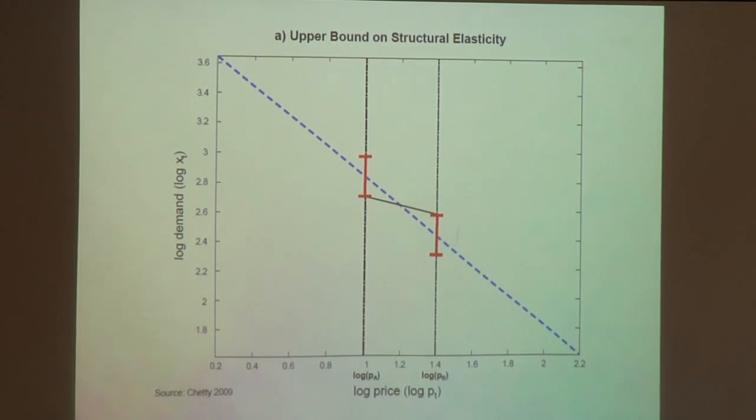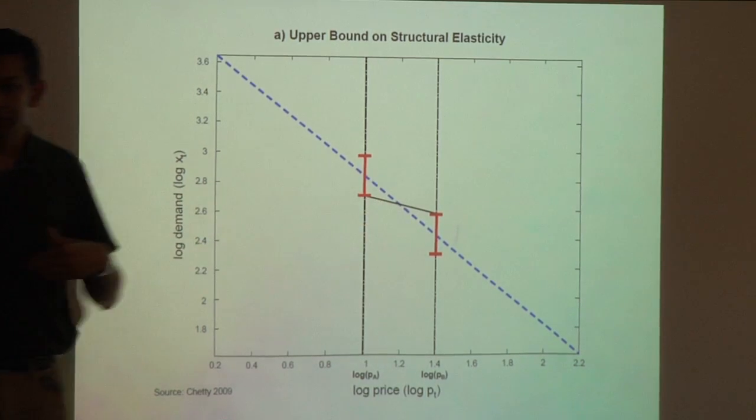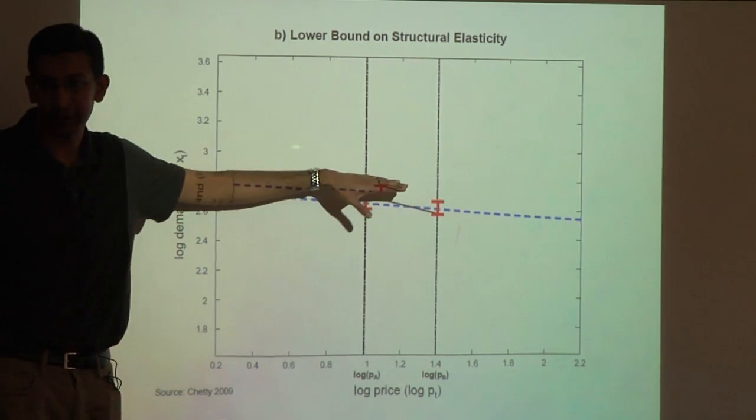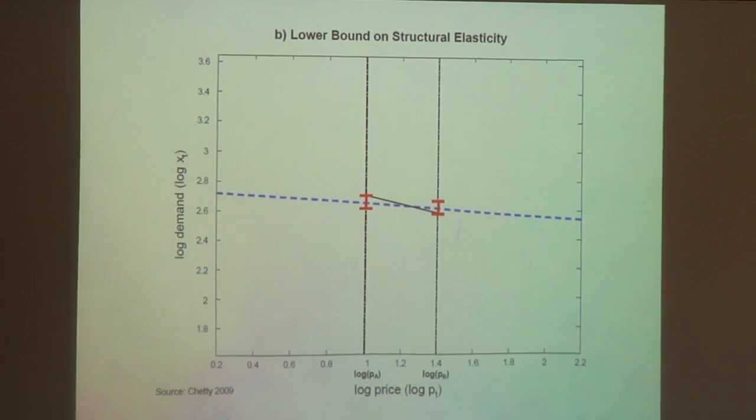So that's the largest possible structural elasticity that could have generated the data that you saw. Conversely, you can ask what's the smallest possible structural elasticity that generated the data you saw, and that picture looks like this. If I make the blue line any flatter here, the black line cannot be contained within the two red sets.